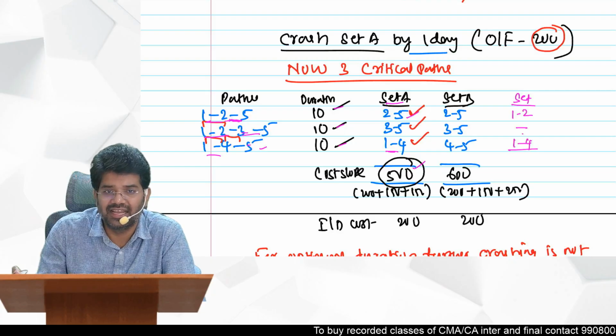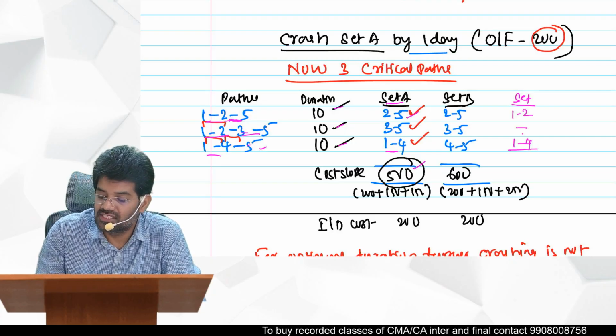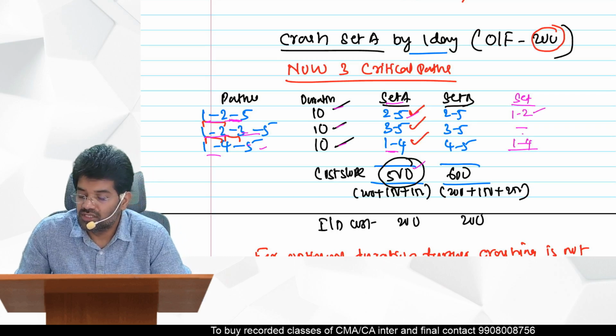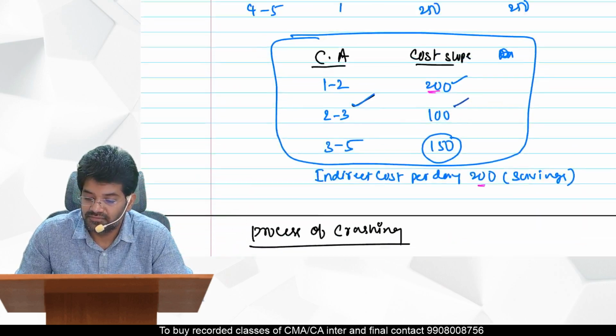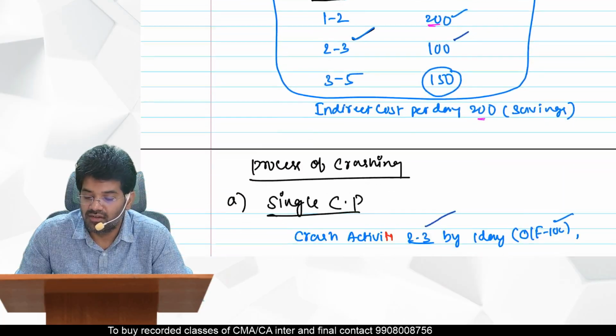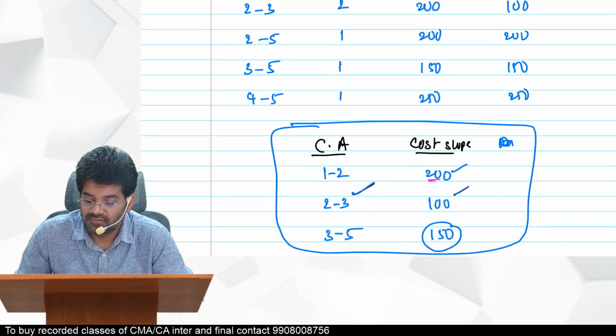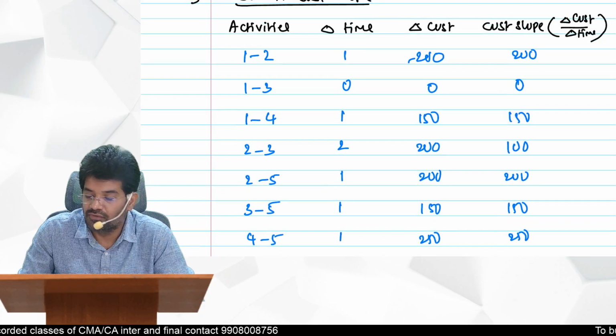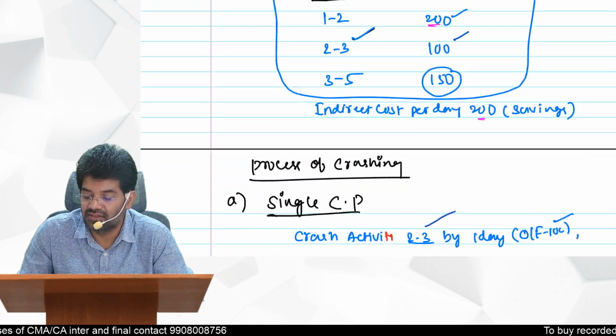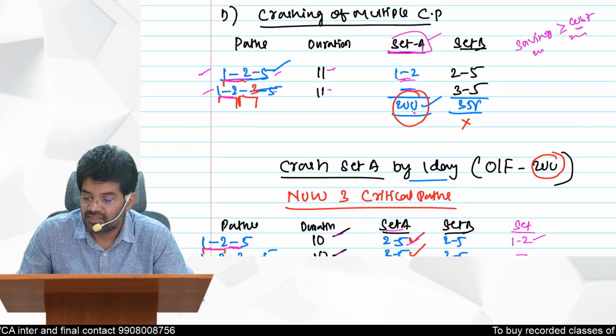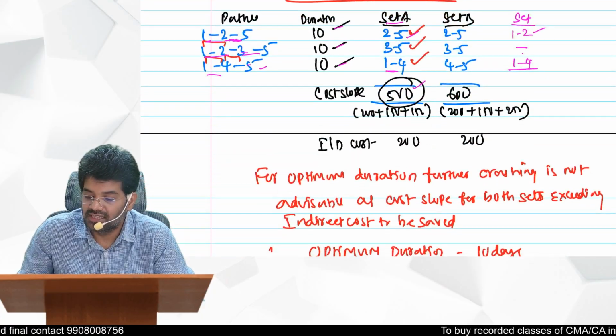You can create that set. What is the cost for this set? 1 to 2, what is the cost by one day? 200. And what about 1 to 4? 150. So 200 plus 150, 350. For this set you are getting 350 cost.